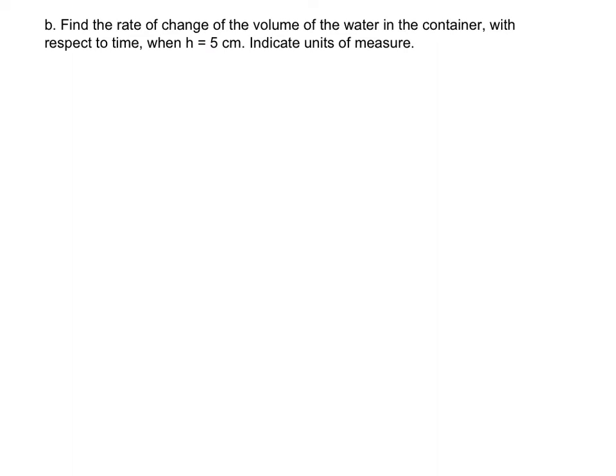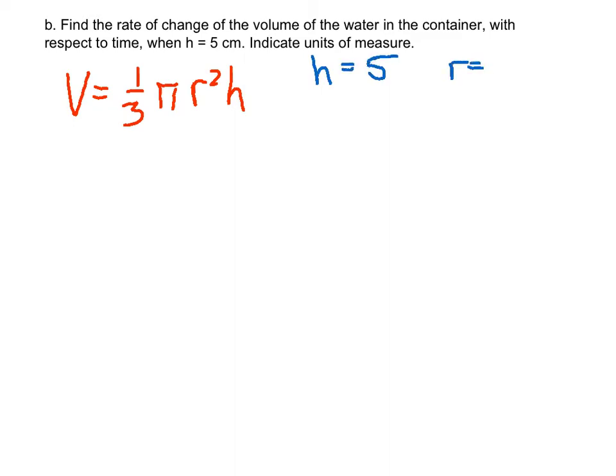Part B. Find the rate of change of the volume of the water in the container with respect to time when h equals 5 centimeters. Indicate units of measure. In the previous slide, we said that the volume is equal to 1/3 pi r squared h. We have the following variables. H equals 5. Radius equals 2.5.